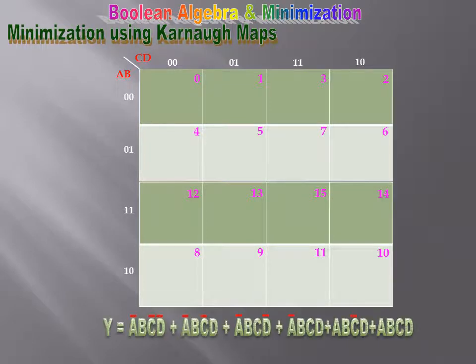So let us have an expression y equal to a naught b c naught d naught, or a naught b c naught d, or a naught b c d naught, or a naught b c d, or a b c naught d, or a b c d.